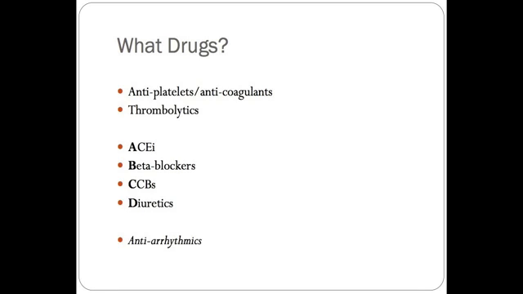Now, the other set of drugs, broadly speaking, are drugs which have an impact on the function of the heart. These can be broken down into ACE inhibitors, beta blockers, calcium channel blockers, and diuretics. An easy way to remember that is A, B, C, D, which seems to come up all the time in medicine.